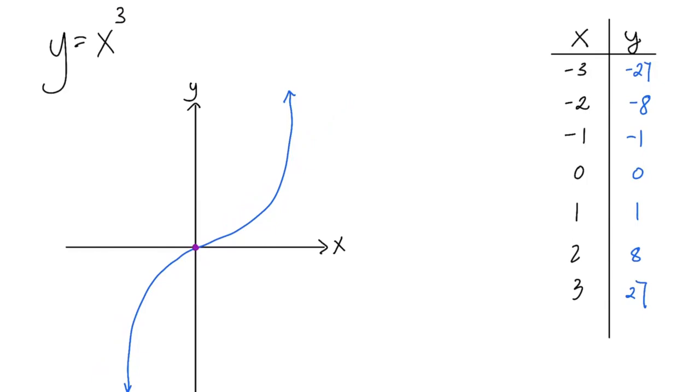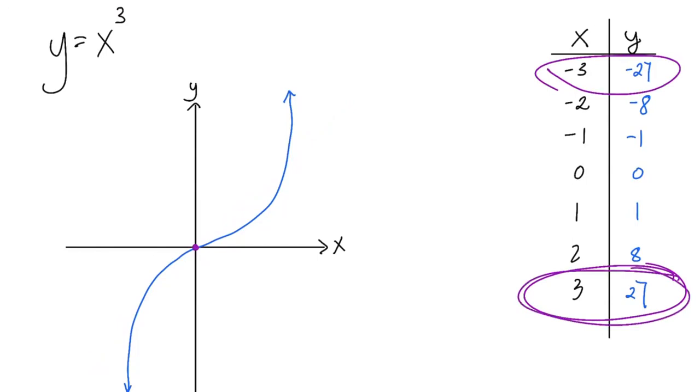And that's the reason why the values are negated. If you have a negative x, then you have a negative y. So you can see -3, -27, and here we have 3 and 27. If you negate the x value, you also negate the y value.